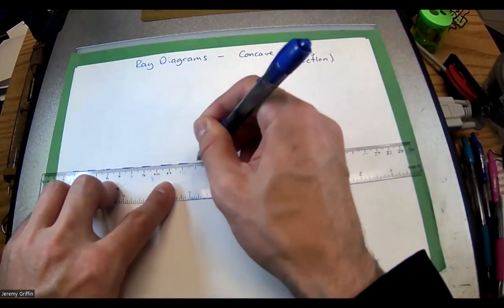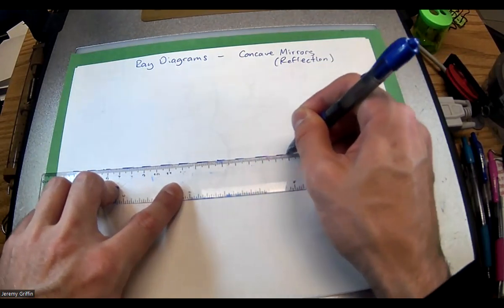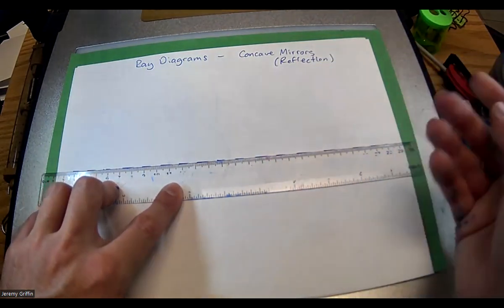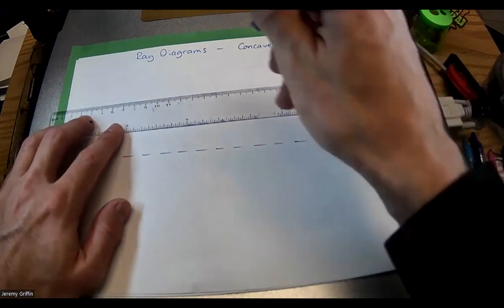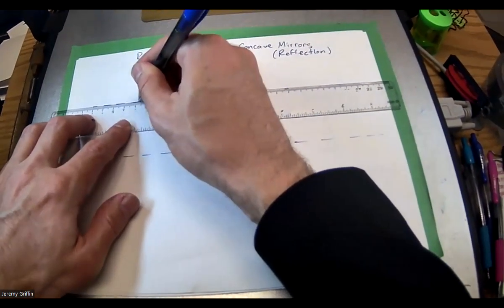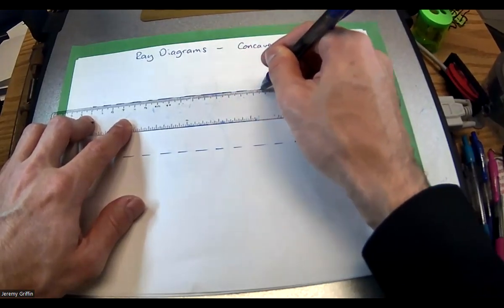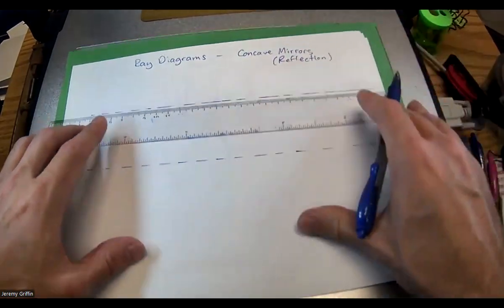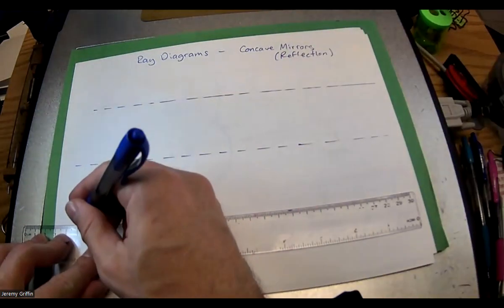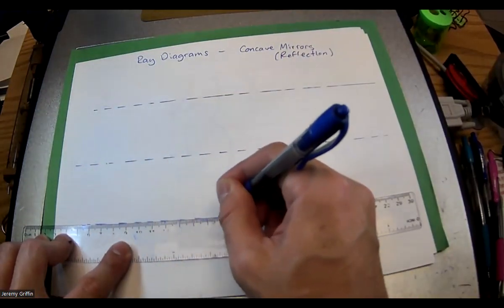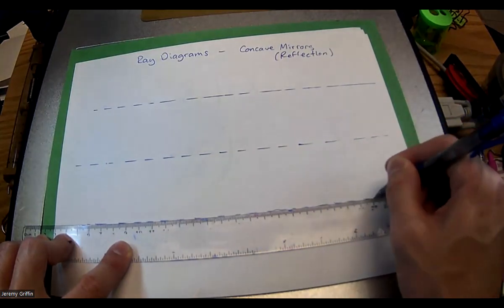Okay, so I've got a dashed line to represent the floor, right across the middle of the paper, about a quarter of the way up. And about a quarter from the bottom, up another floor. So 3 examples for concave mirrors.